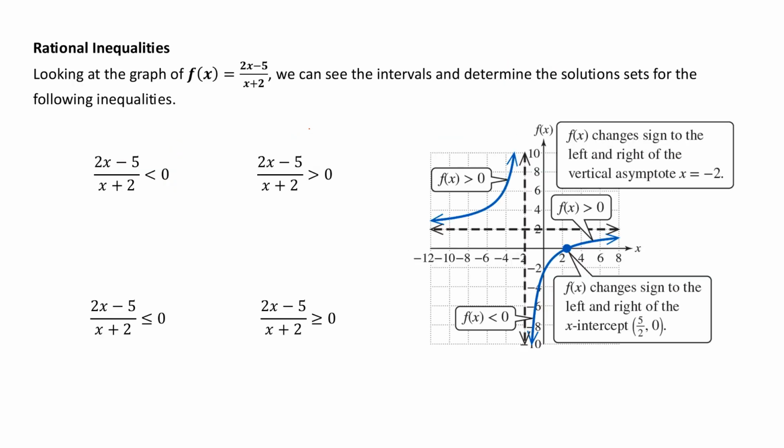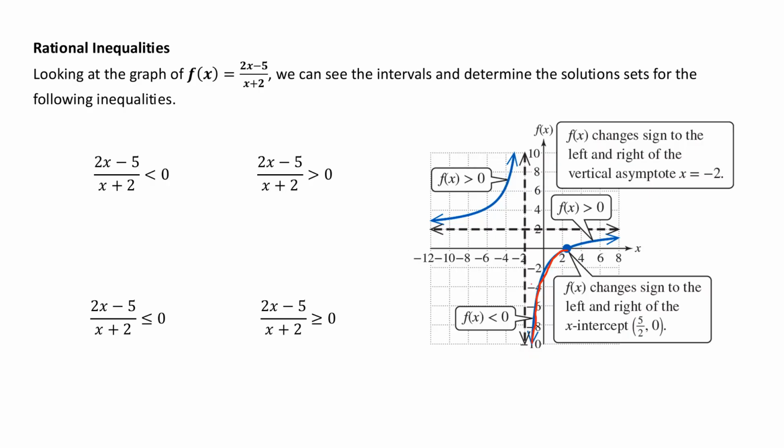Okay, we're going to talk about rational inequalities now. We have the picture here, the graph of the function 2x minus 5 over x plus 2. And you can look at the graph to see what's going on in these different places. So 2x minus 5 over x plus 2 is less than 0. That only happens in this part of the graph, where it's below the x-axis.